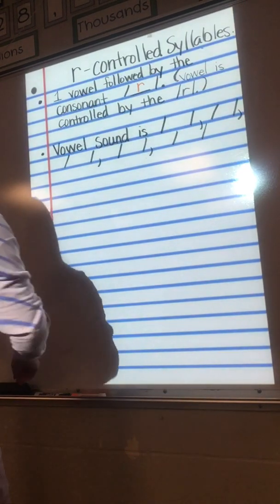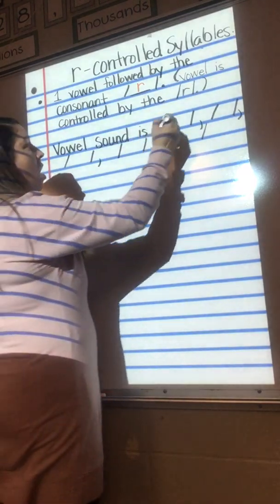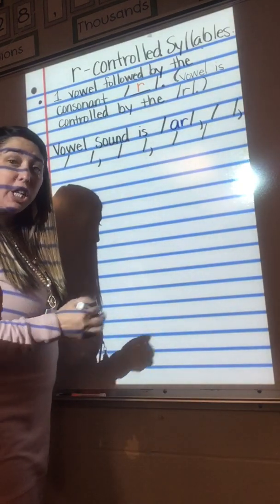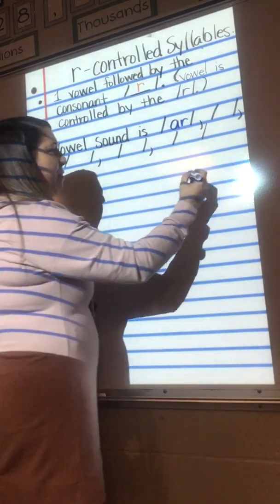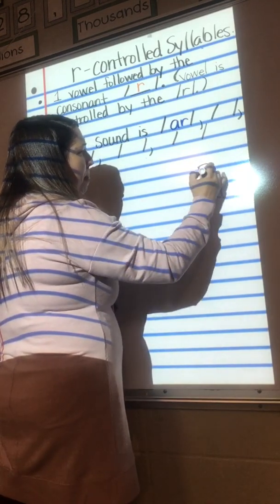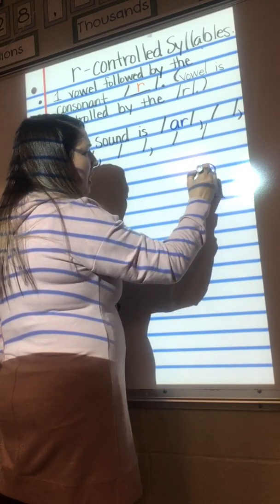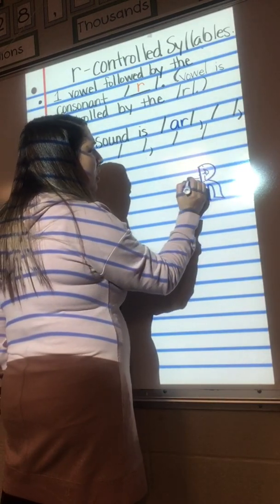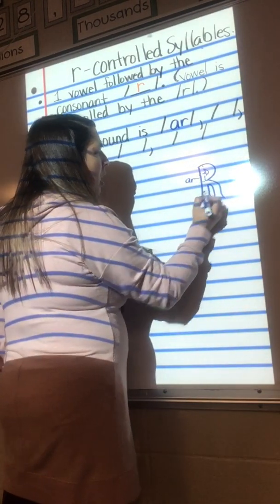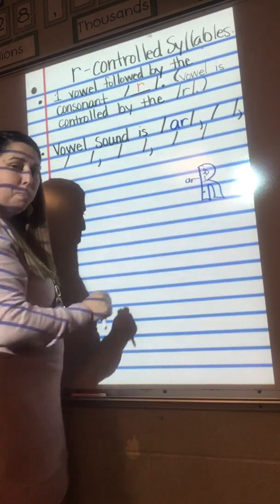So the first one is AR. AR says R, like in the middle part. So if I had this apartment over here, I would know that AR lives in the middle part.